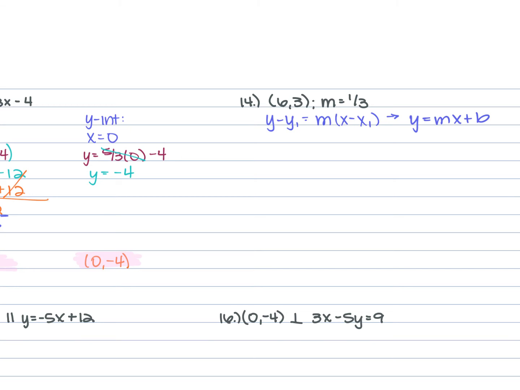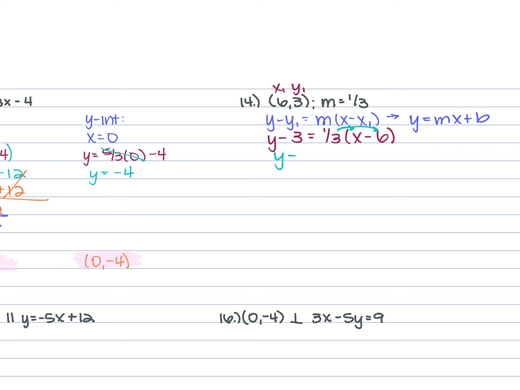For 6 and 3, that's going to be your x1 and your y1. So if we plug these in to your point-slope formula, you're going to have y minus 3 is equal to your slope, which is 1/3, times x minus 6. From here, solve it for y. Get your y by itself. You need to distribute that 1/3 in.